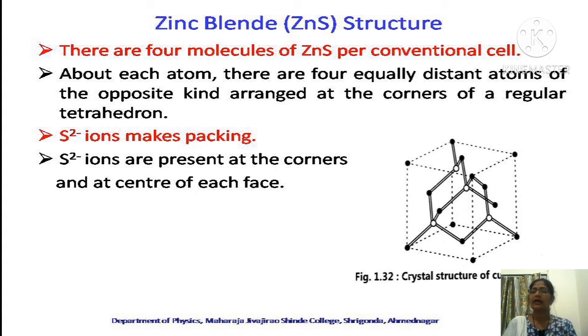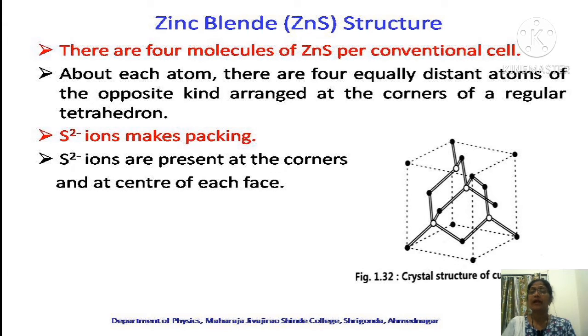It means that each atom, either of Zn or sulfur, is surrounded by 4 equidistant nearest neighbors, and these neighbors are made up of the opposite kind of atom. That is, suppose I wish to calculate the coordination number of zinc, then it is surrounded by 4 sulfur atoms and sulfur is surrounded by 4 zinc atoms. So coordination number is 4.